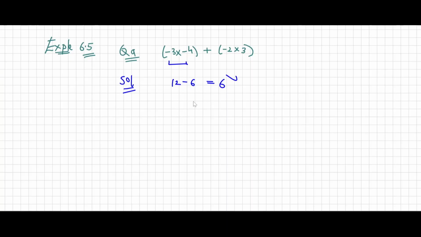So adding a negative number is the same as subtracting a positive number. Similarly, I can write it like this. Here is a negative number and we are adding, so it's like subtracting a positive number.